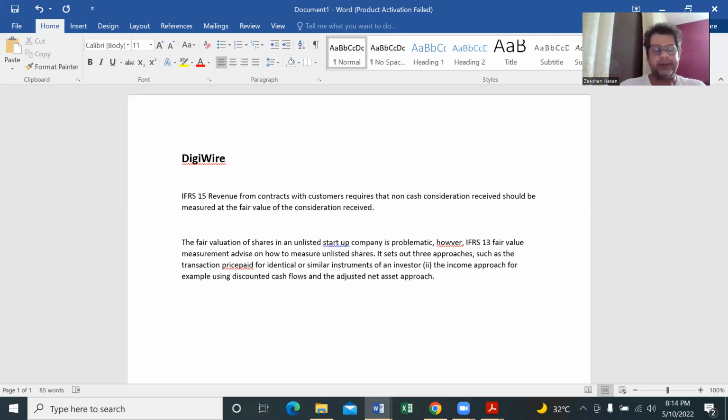So now we will connect with the scenario, and what we'll say in this case, with reference to the scenario: in this case, the market approach has been used and the range of values is significant, based upon the professional valuation report.